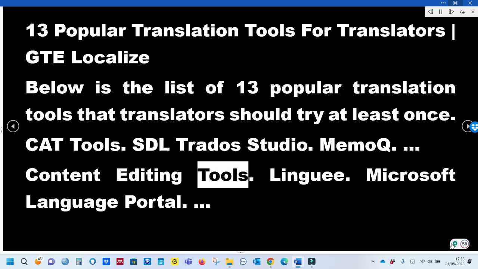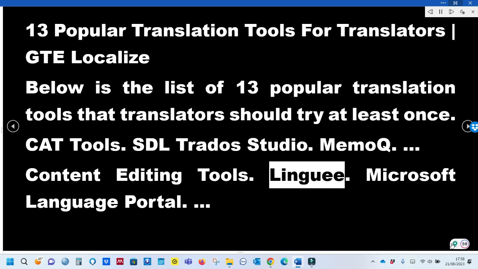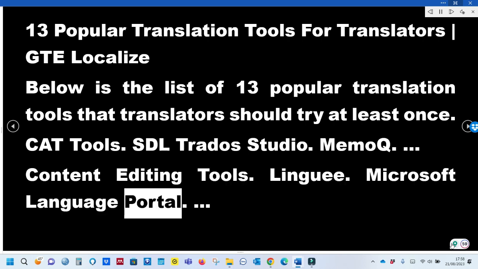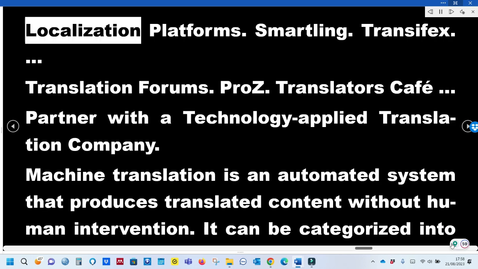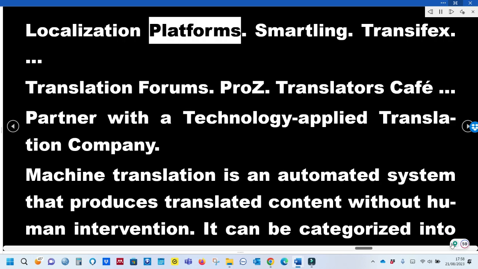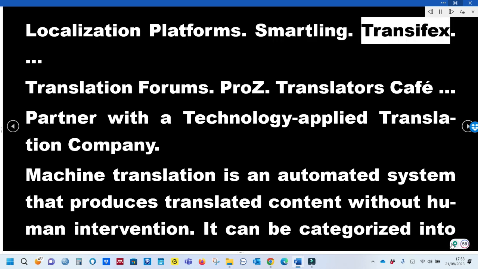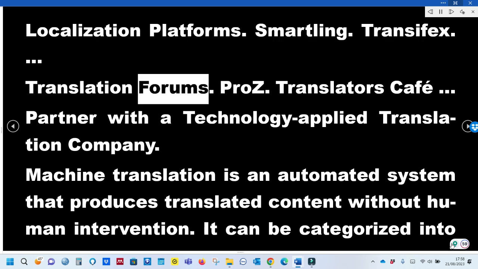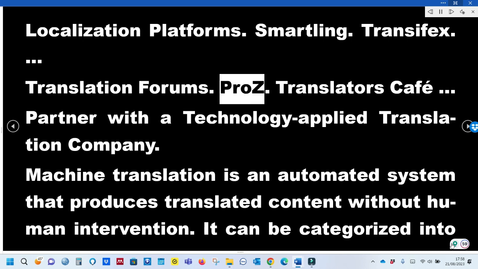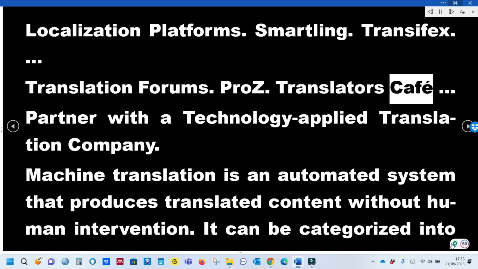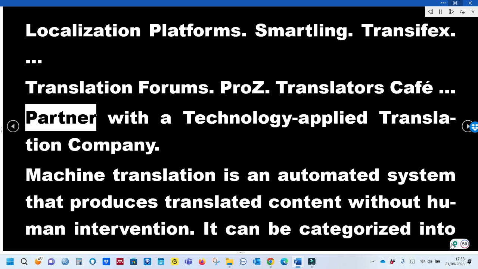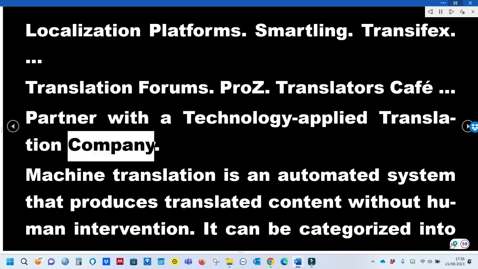Content editing tools: Linguistics, Microsoft Language Portal. Localization platforms: SmartLing, TransFX. Translation forums: Proz, Translators Cafe. Partner with a technology-applied translation company.